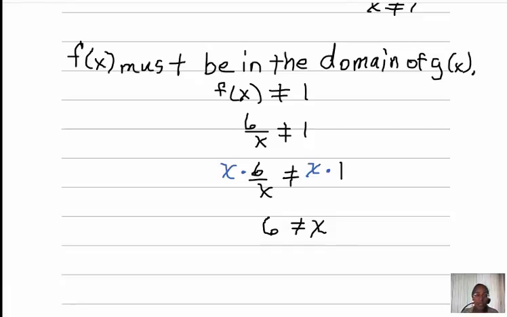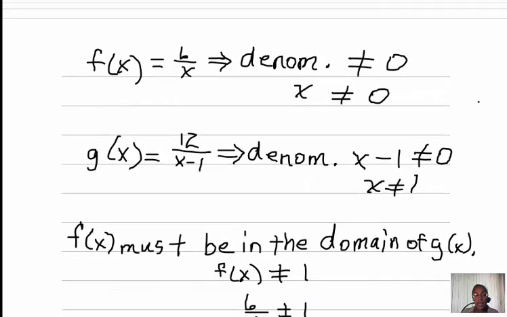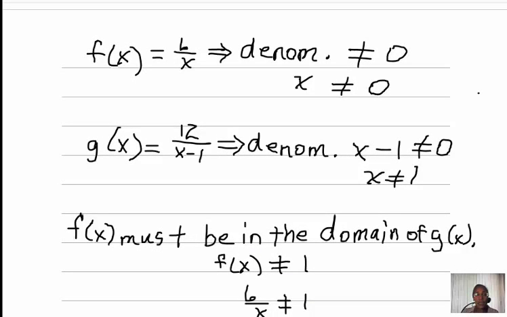If x is 6, since f of x is 6 over x, 6 over 6 is 1. And remember, to be in the domain of g, you can't be 1. So if I need f of x to be in the domain of g, then x can't be 6. If I need x to be in the domain of f, then x can't be 0.